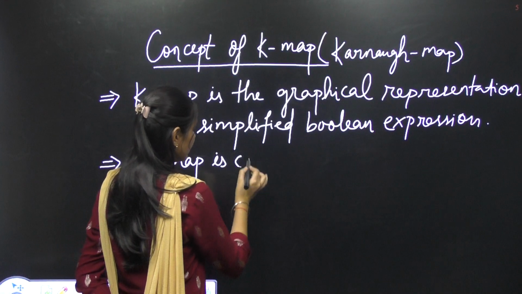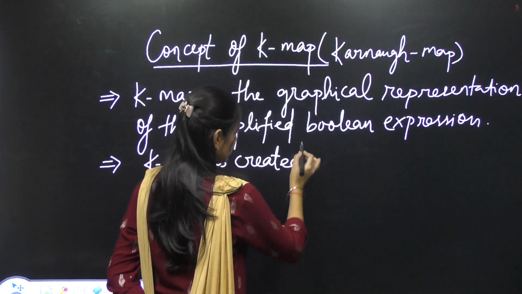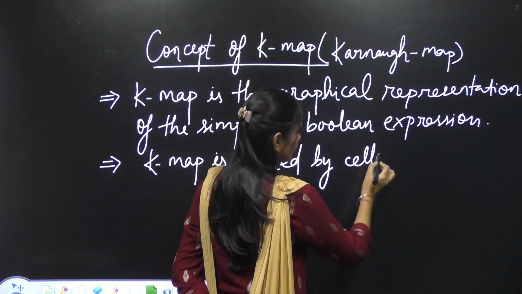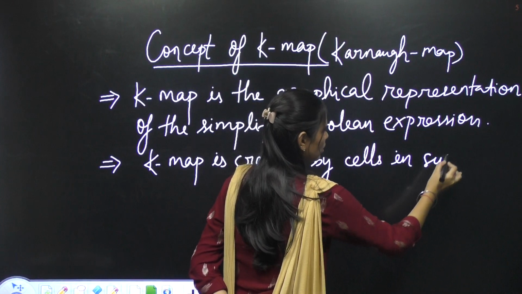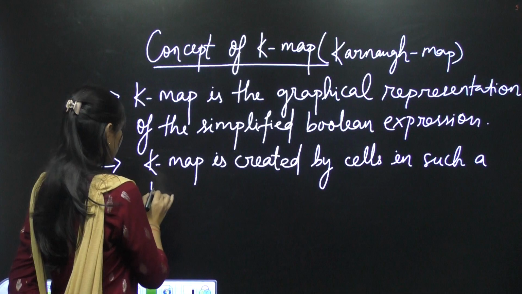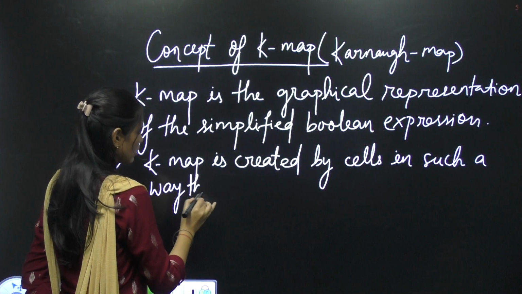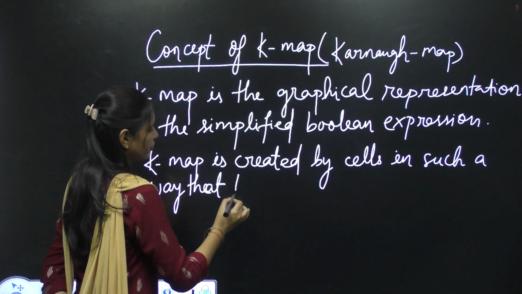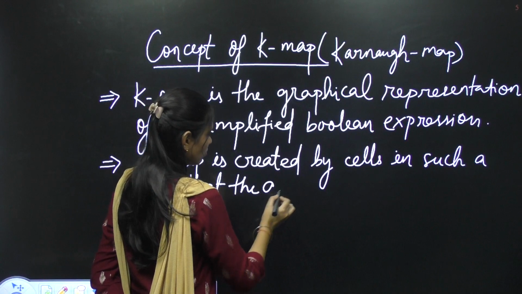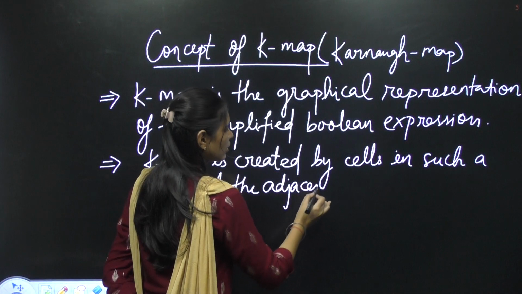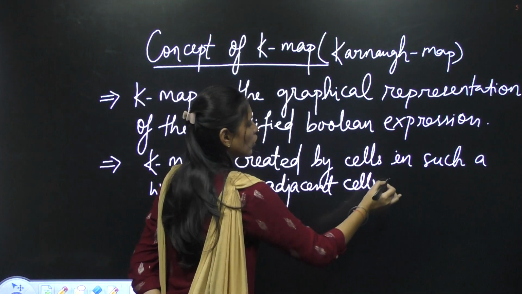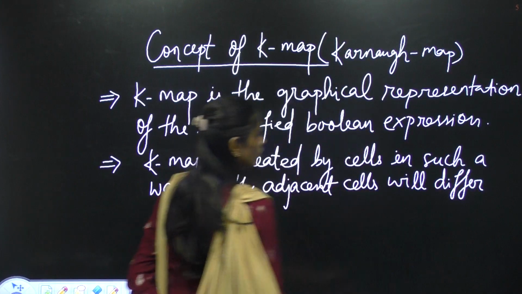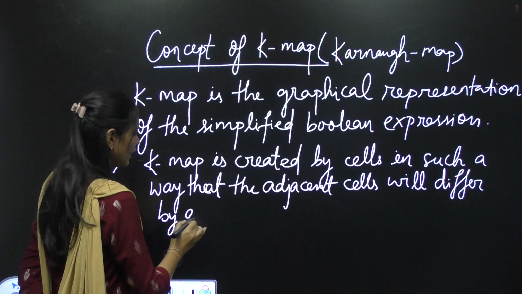The K-map is created by cells in such a way that the adjacent cells will differ by a single bit.